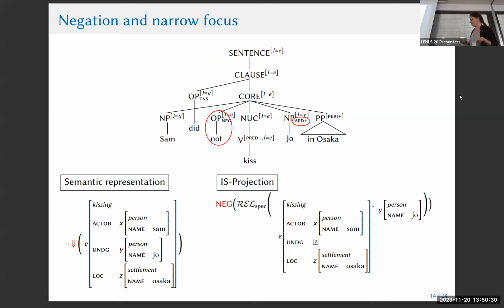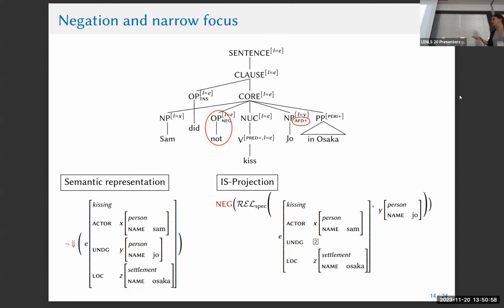Okay, and then the take-home message is that, with a clever way to deal with the features and interface features, we will have a syntactic representation that is the same for all focus structures. The semantic representation is again the same for all focus structures, because you want to capture that in a certain sense they are not different, like truth-conditionally, or in how they are conceptualized, existing or not.